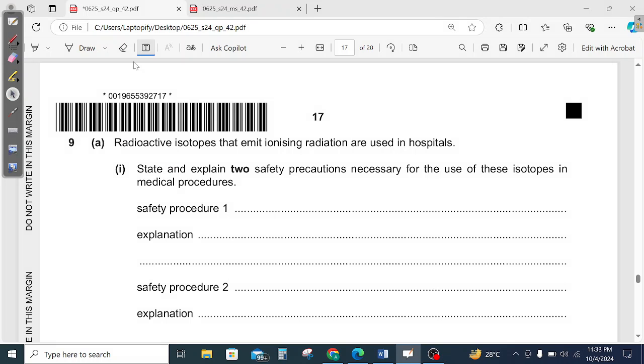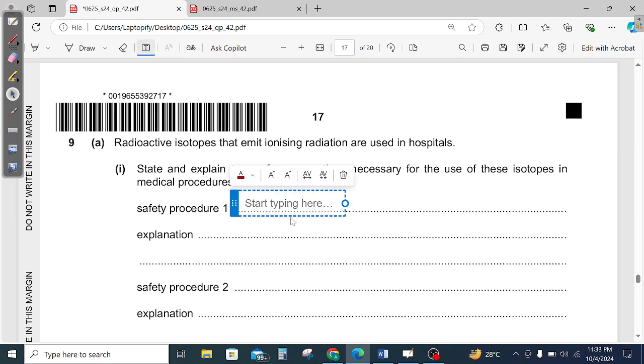So I will write here, they are very simple. First one is, you must write here the distance between person and the patient must be larger.